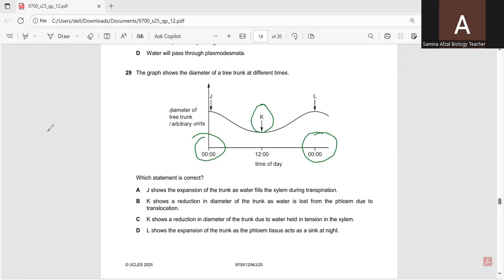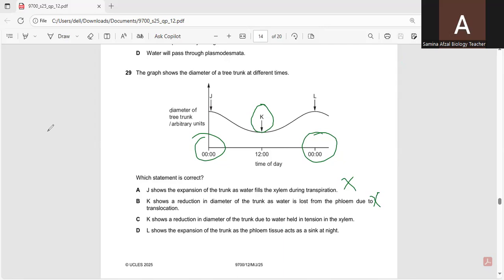Expansion is not due to the water filling of the xylem during transpiration. Transpiration causes reduction. K shows a reduction in diameter of the trunk as water is lost from the phloem due to translocation. Water is not lost due to the phloem.